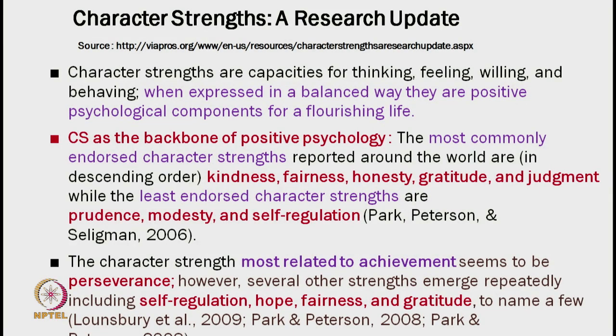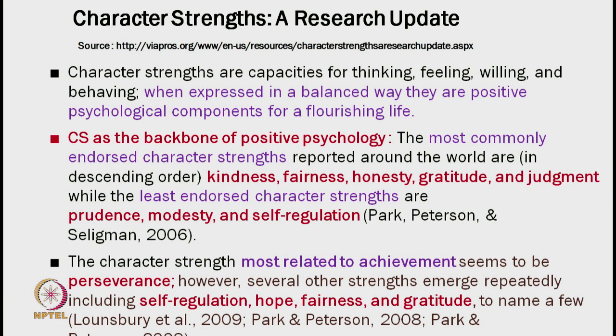Another research asks which character strengths are important for achievement. When we talk about achievements, which character strengths contribute more as compared to others? Its hallmark or very important one is perseverance. As I mentioned earlier also, this is actually part of grit, and it has two factors, perseverance and interest.